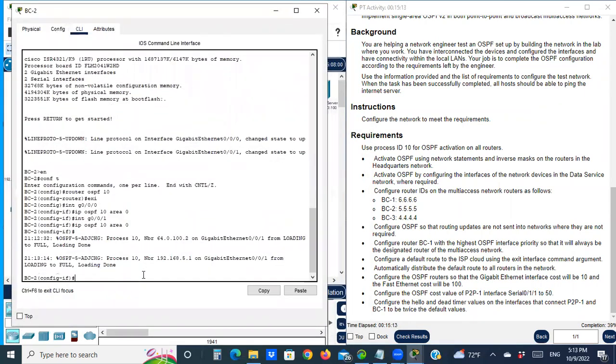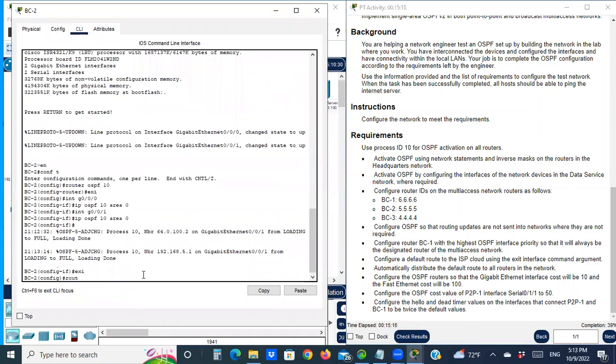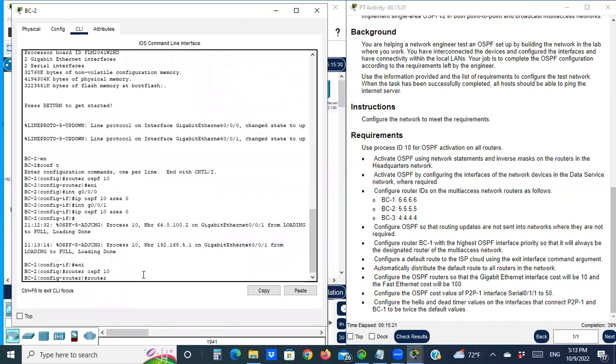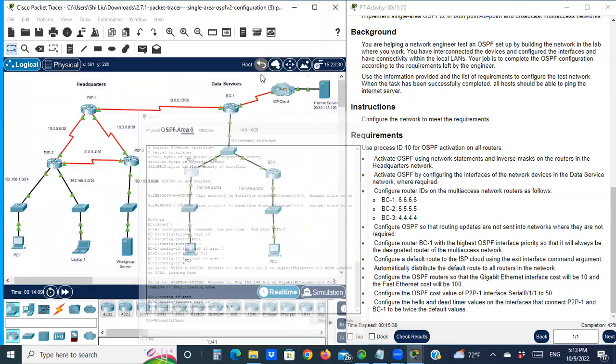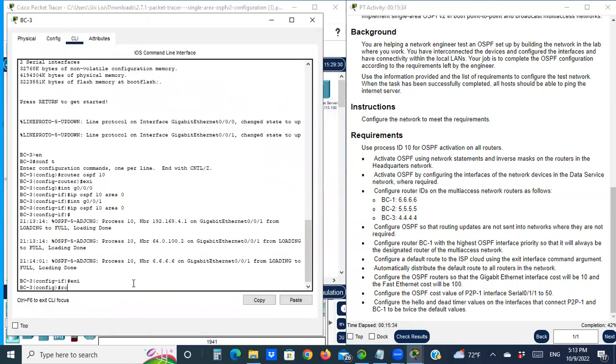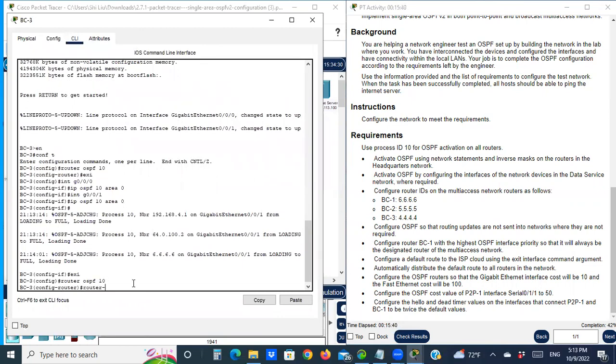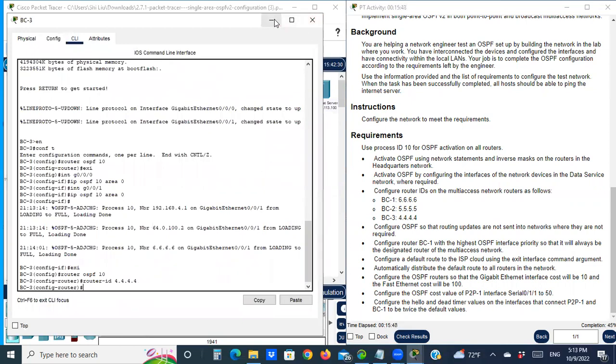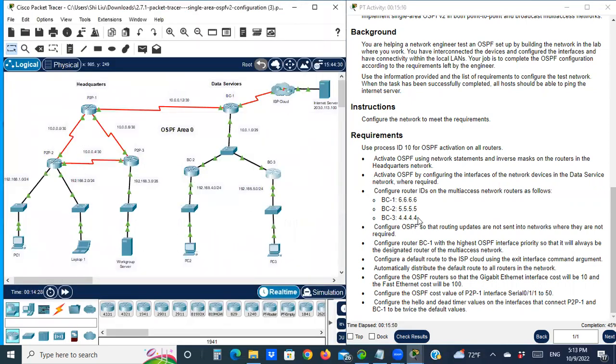BC2, router OSPF 10, router ID 5.5.5.5. Okay. And BC3, router OSPF 10, router ID 4.4.4.4. Good. All right, so we finish the third question.